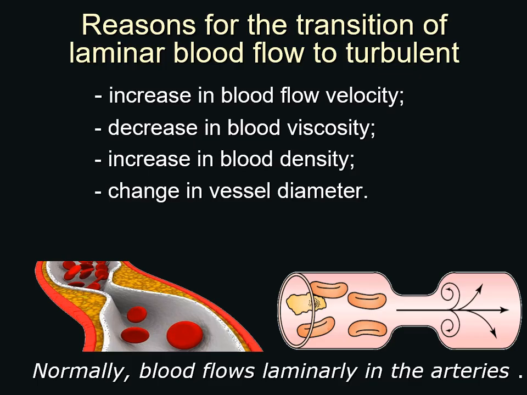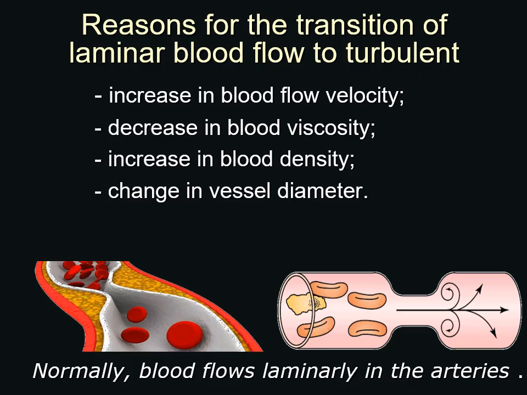When passing this narrow section, the blood moves further with a more likely turbulent flow. That is, a swirl is formed after passing the place of narrowing.